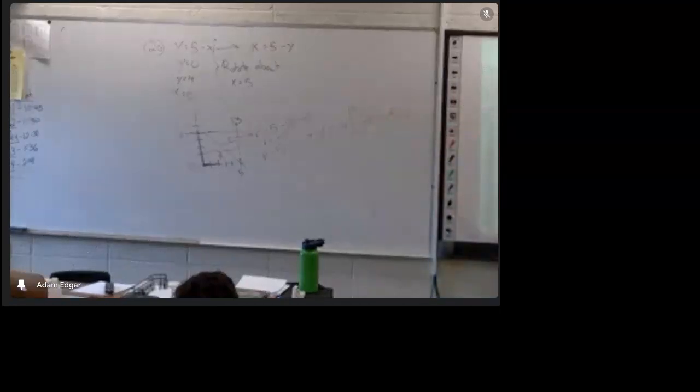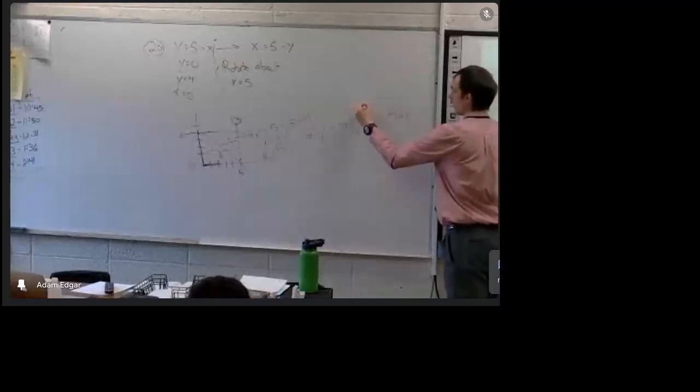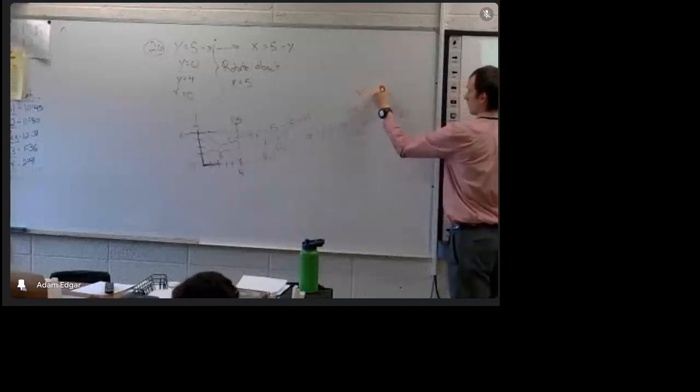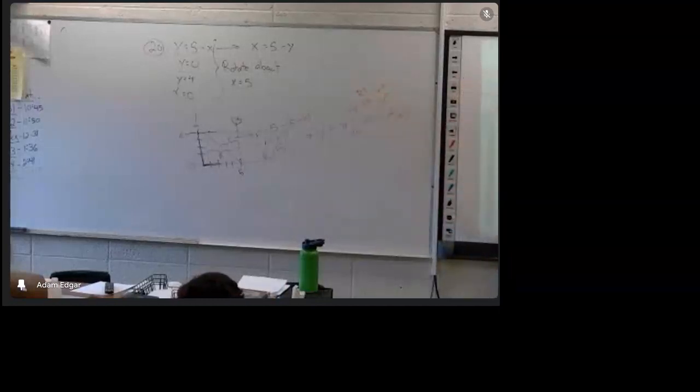And so you have 5 squared minus y squared, and you're on your way. At this point, I think you'd probably be fine, because as far as integrals go, this is one of the easier ones you have to evaluate.